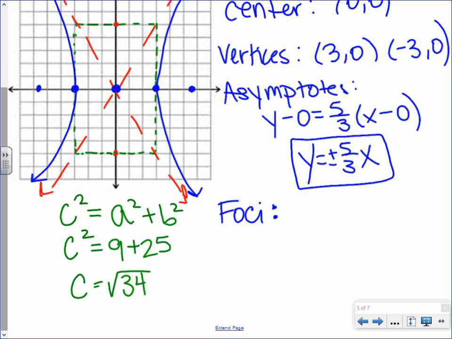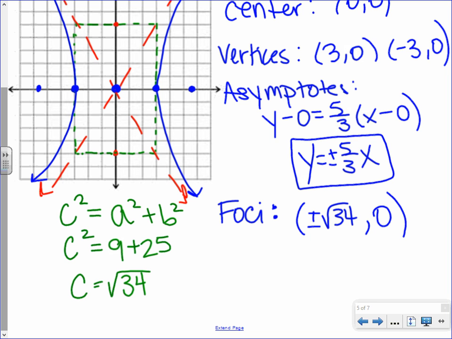Since we moved horizontally, our x coordinate changed. So what we can write: we went from 0 and we added radical 34 and stayed at the same height. And we took 0 and subtracted radical 34 and moved to the left radical 34 and stayed at the same height.